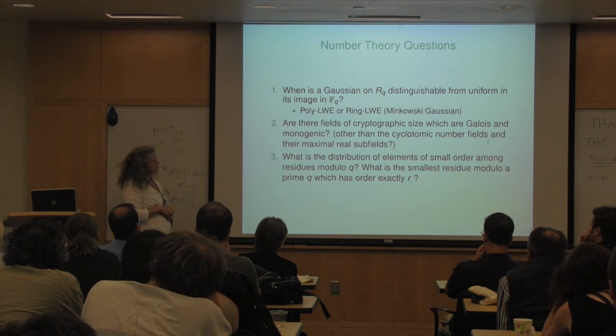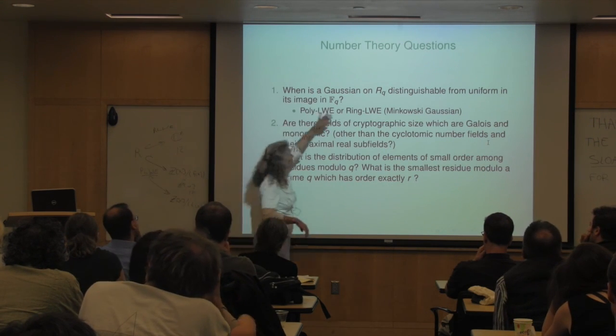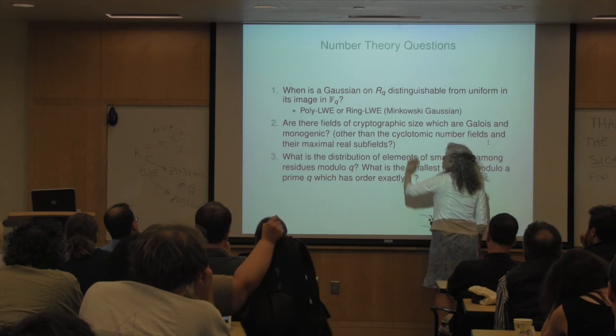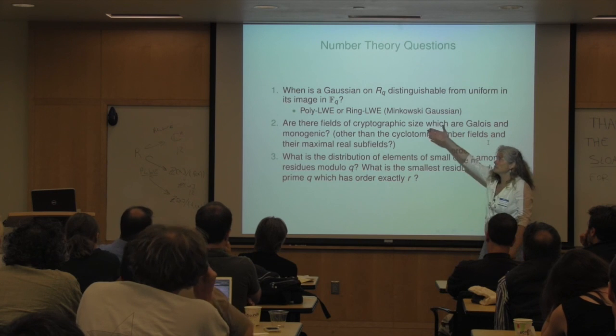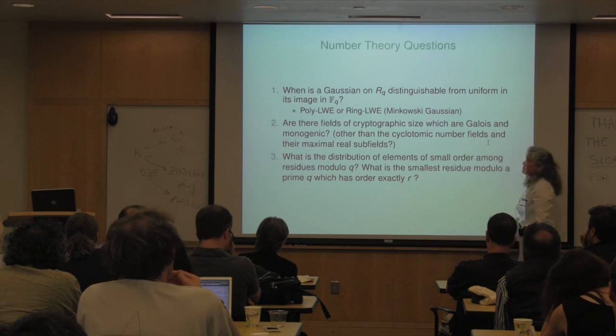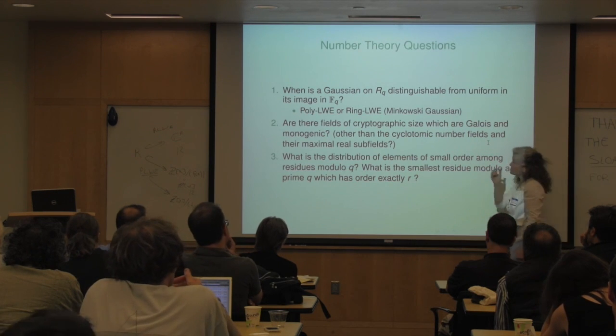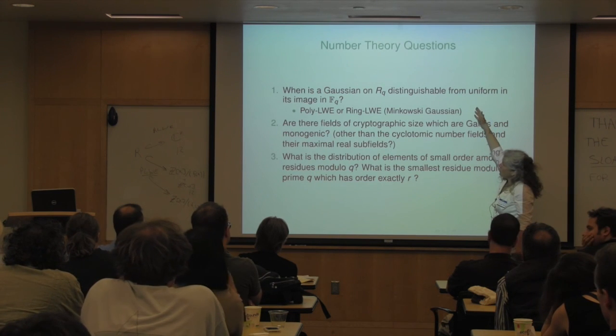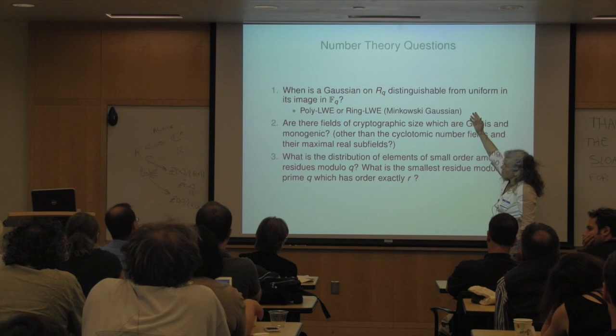When is a Gaussian on RQ distinguishable from uniform when you map it down to FQ? Or if you map it to something else besides FQ, maybe a 2-dimensional space, a 3-dimensional space. So that is an ongoing area of trying to generalize this work.